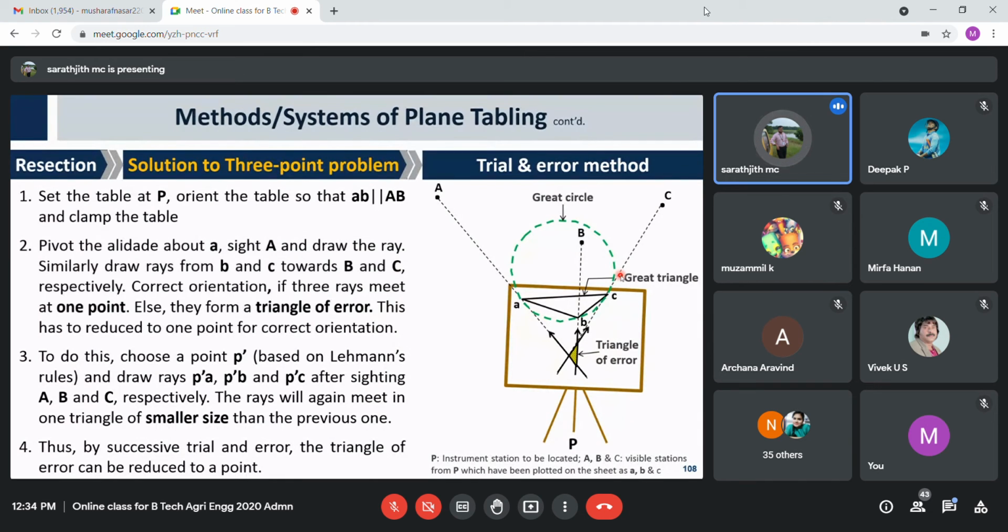In successive stages, you will have a smaller triangle of error, and after a few iterations, you will have a negligible triangle of error, which gives you the station location. So that is the idea of Lehman's rule or the trial and error method.